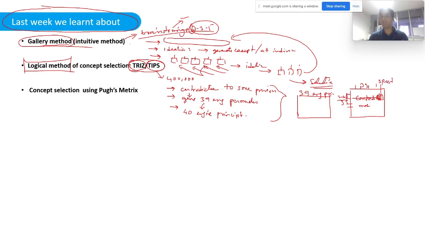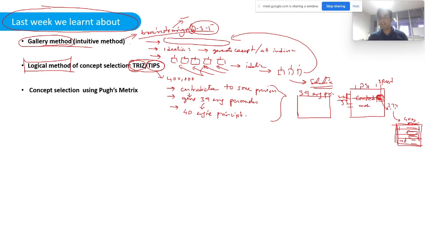In this contradiction matrix, there will be numbers in the slot, for example 2, 3, 4, which belong to a set of 40 engineering principles. This is another set of rules, numbered 1 to 40, of different engineering principles, for example break or combine, or counterweight.